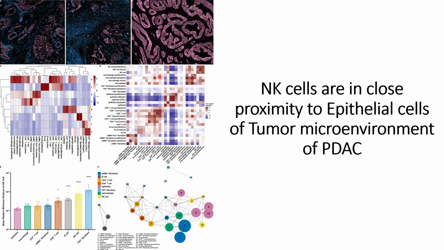Thereafter they did comparisons of different kinds of immune cells, and wanted to see which of them are correlated to each other, and they were able to see that NK cell populations are more closely related to the fibroblast.